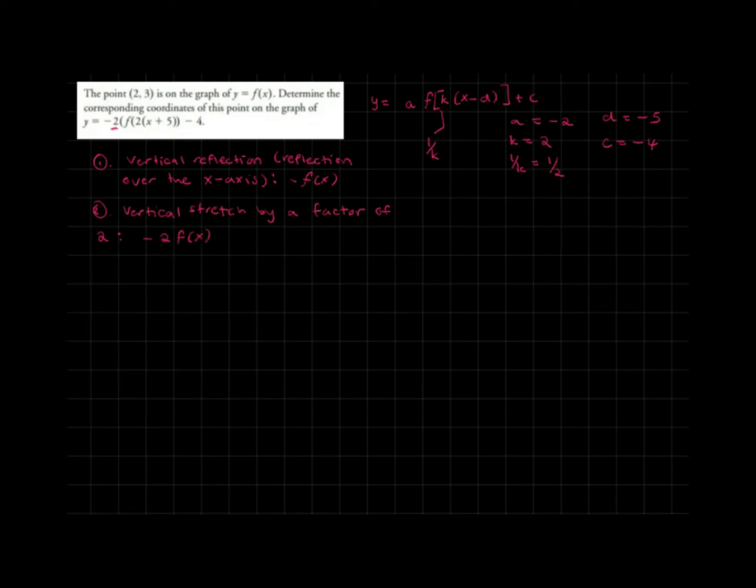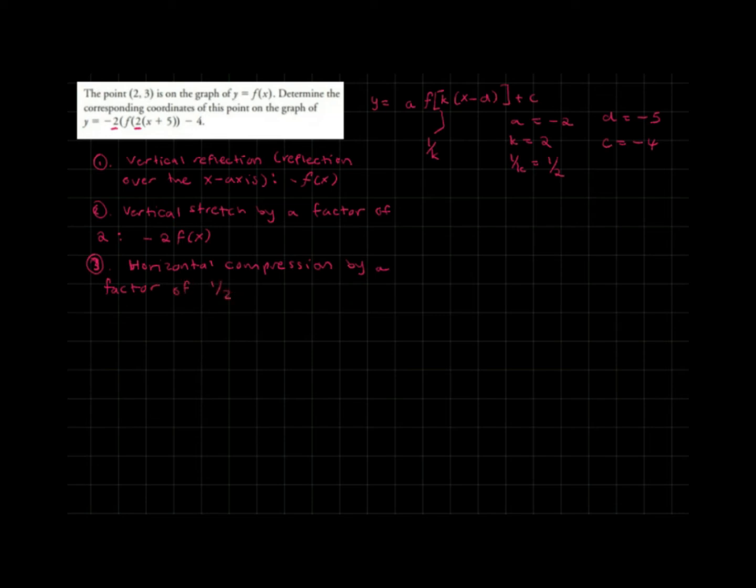So we're slowly piecing together this transformed function from our general function. Now, in our third transformation, we have this k value, and we know that the horizontal factor is 1 over k, so this implies that we have a horizontal compression by a factor of 1/2.